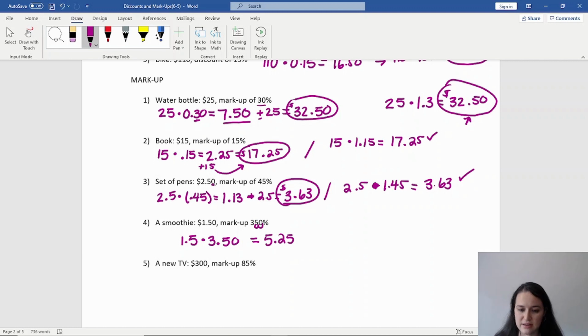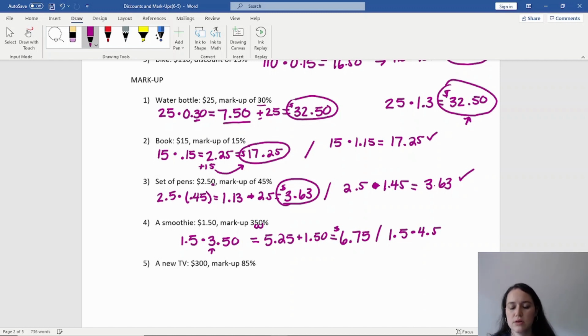You still need to add the 1.50 back to it. So you're actually going to charge $6.75 for that one. And then for the shortcut on this one, it's going to be 1.5 still times, now because I'm adding a 1 in front of this 3.5, I'm just going to do 1 plus 3.5, so 4.5. And then you will get 6.75 as well.